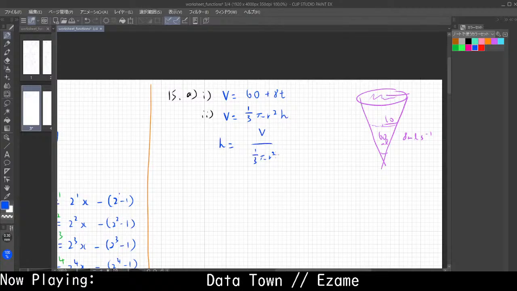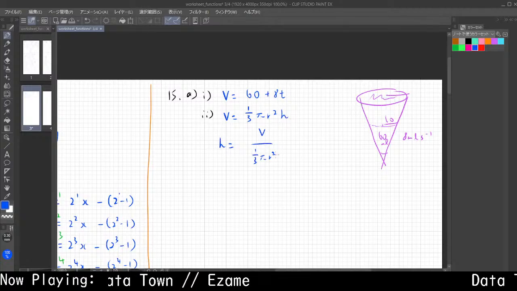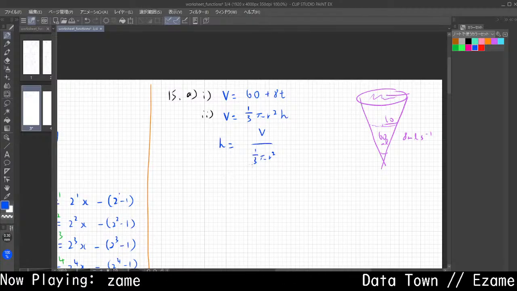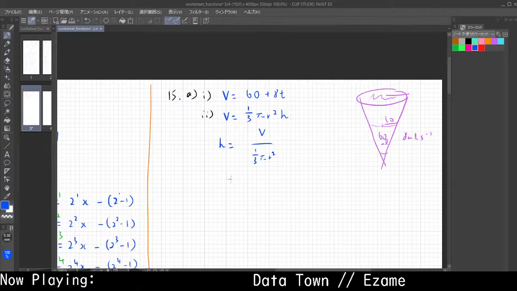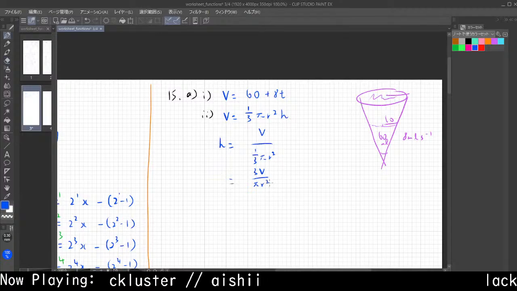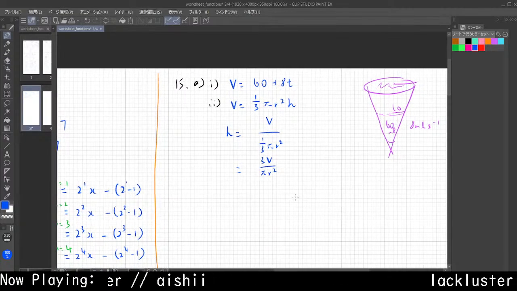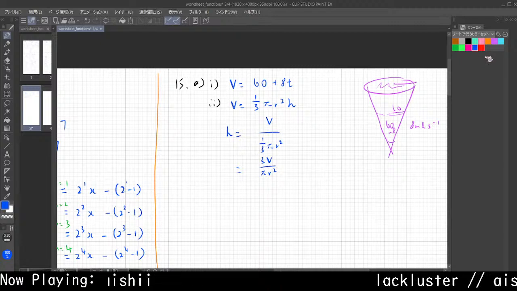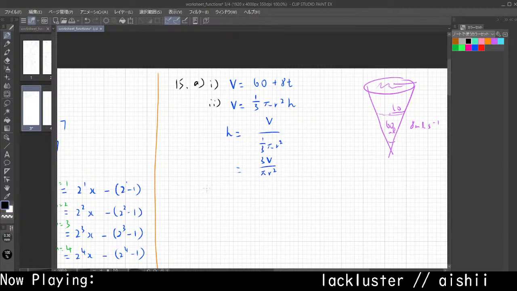A fraction at the bottom means division becomes multiply, so you just flip it. So your 3 will run up, and you will get 3V over pi r squared. Okay, so this is your H, and since there's nothing else to do, this should be your answer for sub question 2.